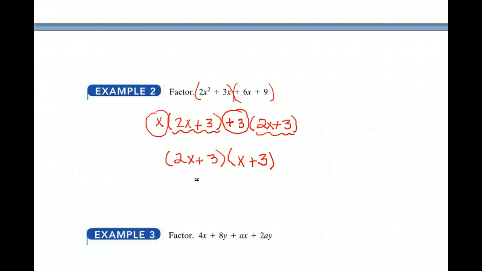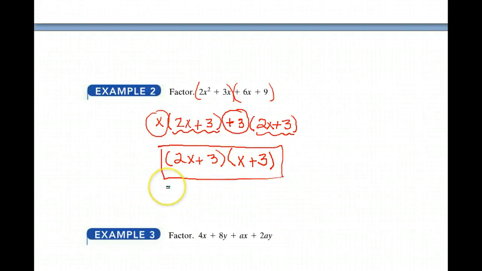You always, always, always want to scan your groups to make sure that nothing more can be factored out of them. Can we divide anything out of 2x plus 3? No. Can we divide anything more out of x plus 3? No, we can't. So at this point, that is our final answer.